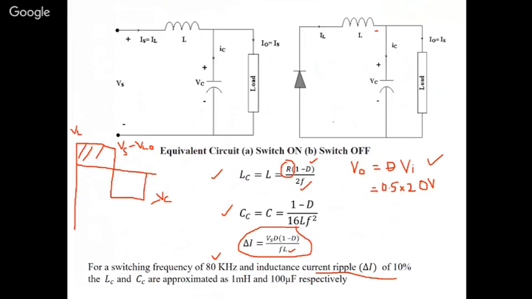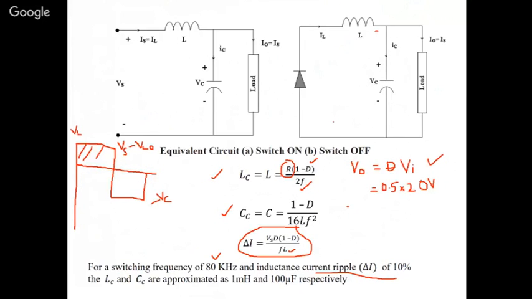You understood? It is reduced by half. If I keep it as 0.25, it will reduce to one quarter. This is bucking; we are just reducing the voltage. When you change the duty cycle, automatically your voltage changes. This is in case of buck.